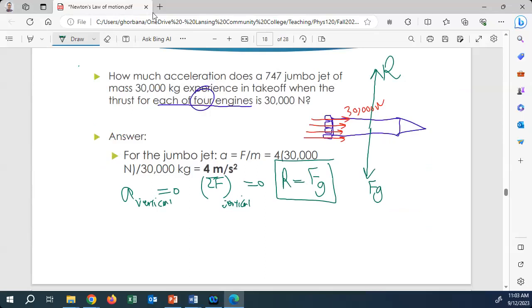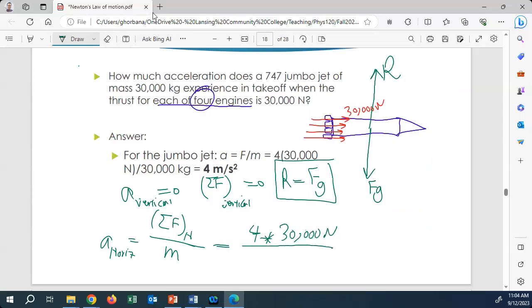But we have acceleration in the horizontal. The horizontal acceleration is the net force in the horizontal direction divided by the mass of the jet. How many forces do we have here? 1, 2, 3, 4. So 4 multiplied by 30,000 Newton divided by the mass of the airplane, 30,000 kilogram.